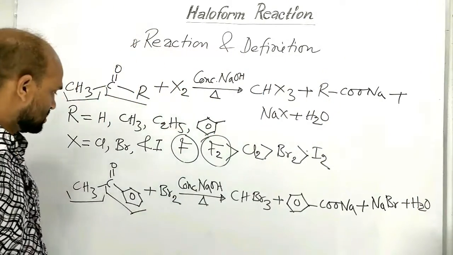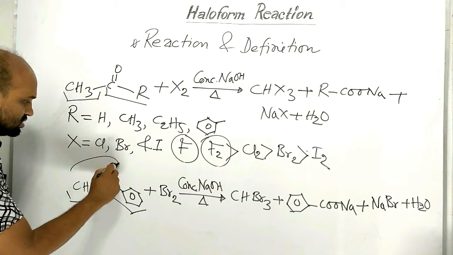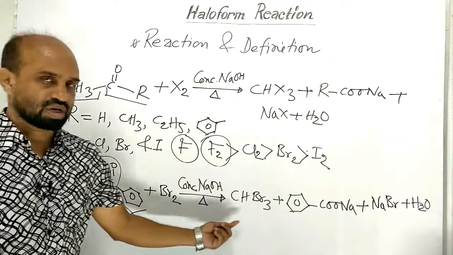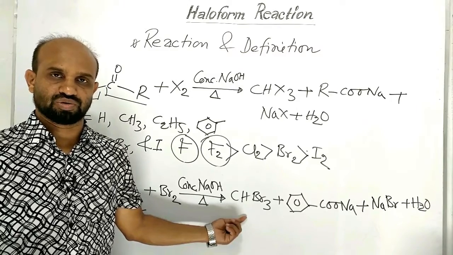So here the carbonyl compound containing methyl carbonyl group undergoes haloform reaction and here bromoform is produced.